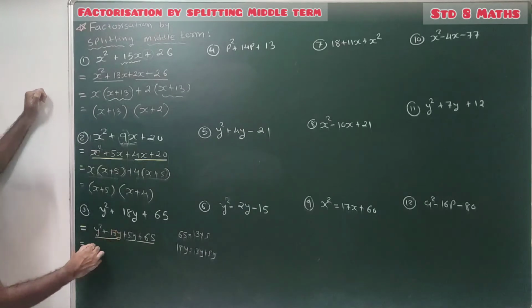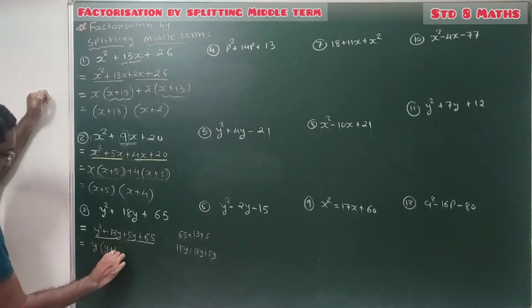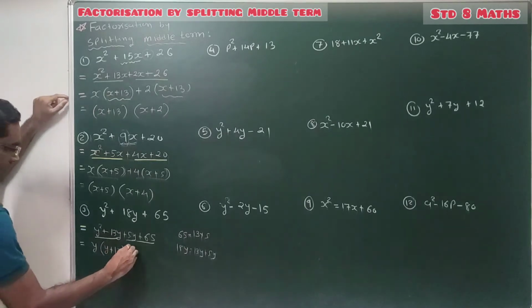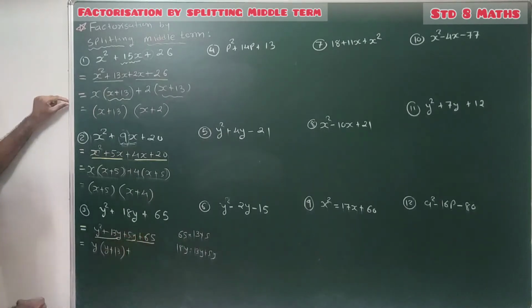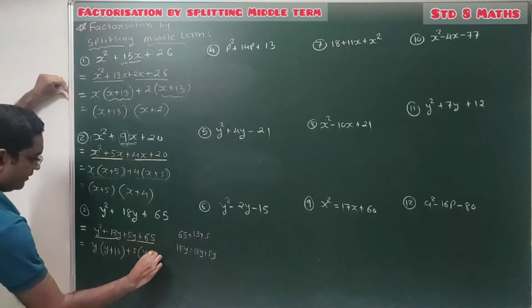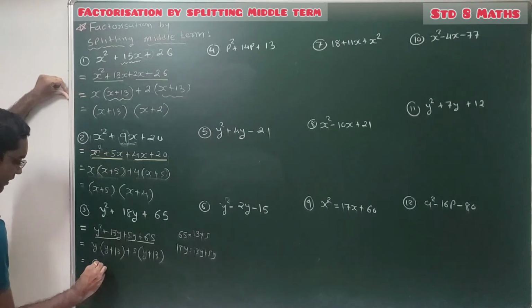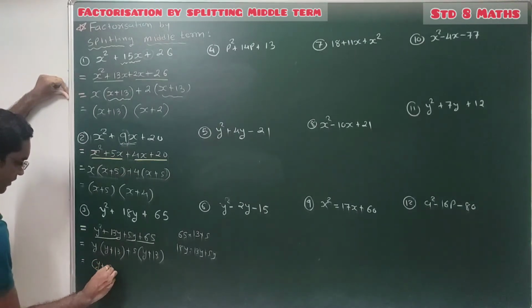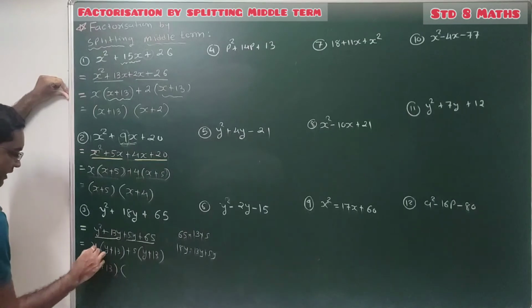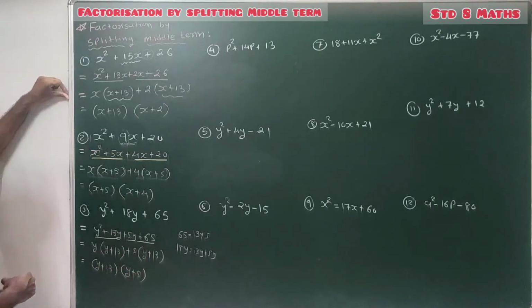So here y is common, so it's y into y plus 13 plus 5y plus 65. So you can take 5 common, so it's 5 into y plus 13. So here y plus 13 is common. Remaining terms are y plus 5. Done.